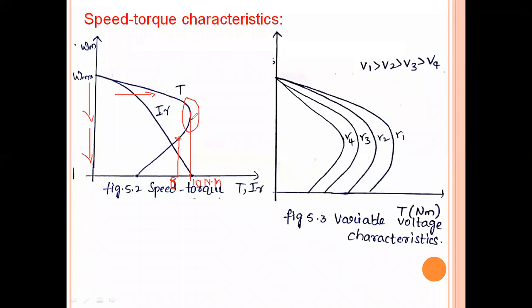At one point the speed is around 1000 rpm, and at a later point it is around 700 or 800 rpm. So after the breakdown point, the torque decreases with the speed until the speed becomes zero.